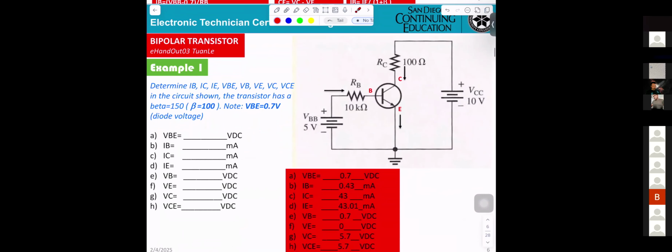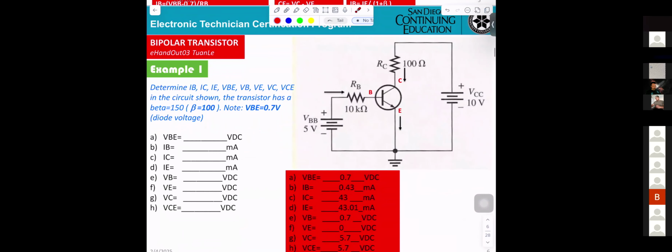Now, basically, they want IB, IC, IE, VBE, VB, VCE, VC. In the circuit, the transistor has a beta equal 100. That is given by the manufacturer.